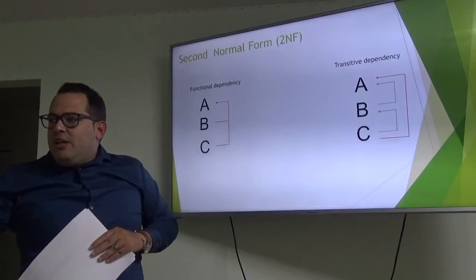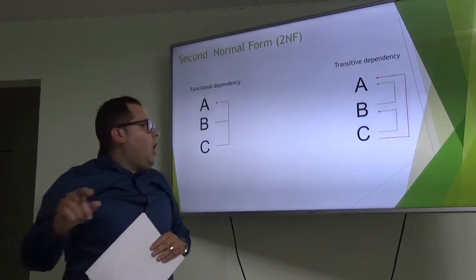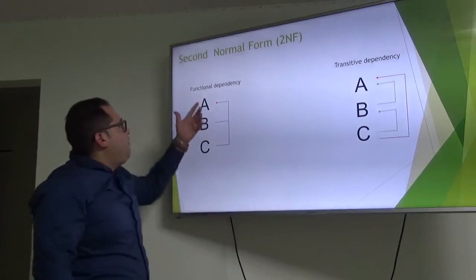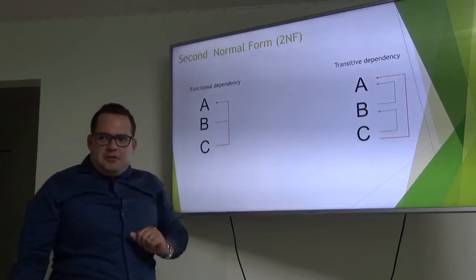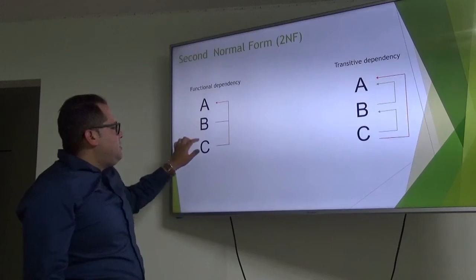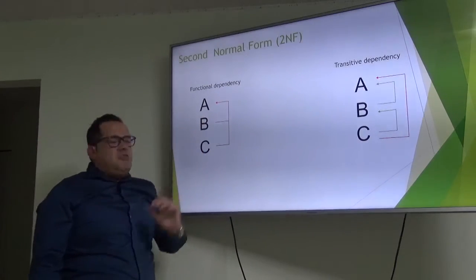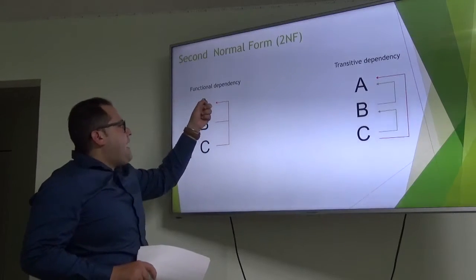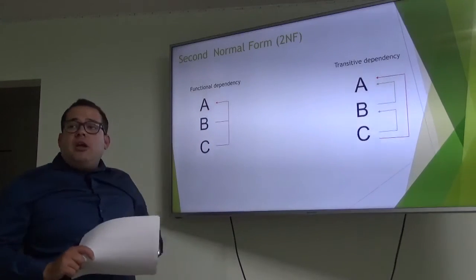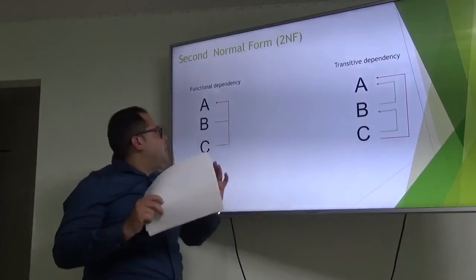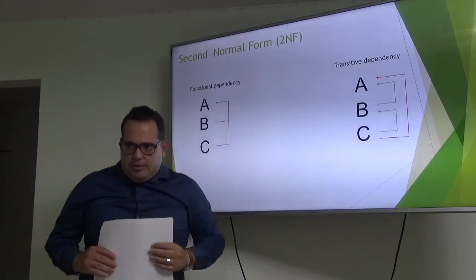Well, your idea is very good, but a functional dependency is if we have elements A, B, and B depends absolutely on A, we are in the presence of a functional dependency.